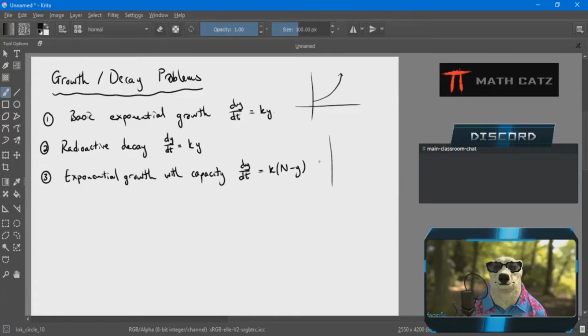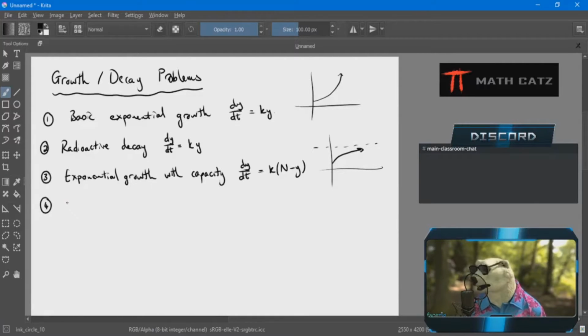And we saw then that there now is this capacity built in, that it approaches steadily, and it's a more realistic aspect at a late stage in the population's growth. So that was good.